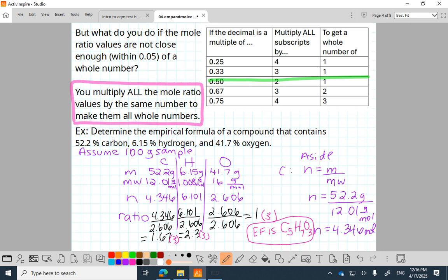You'll see something like 1.9997 or 2.00003, and you're like, oh my goodness, so easy to round. And then you'll get something like this, and you'll be like, ooh, what do I do? And then that's your clue. Oh yes, I have to do this manipulation thing.